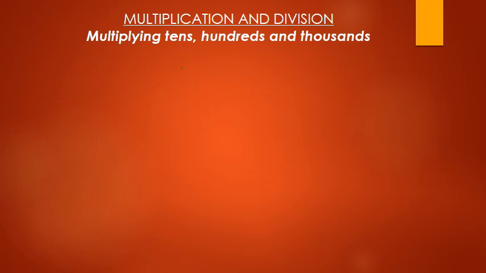For example, 5 times 60 equals 5 times 6 tens, which equals 30 tens, and that equals 300. Can you think of another example that requires you to multiply by tens?